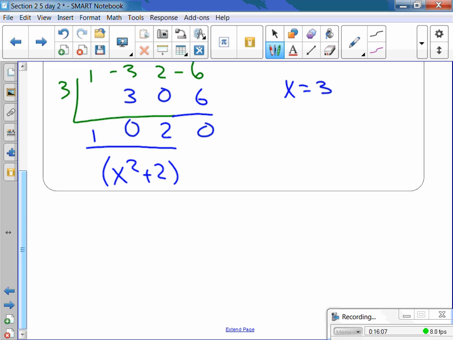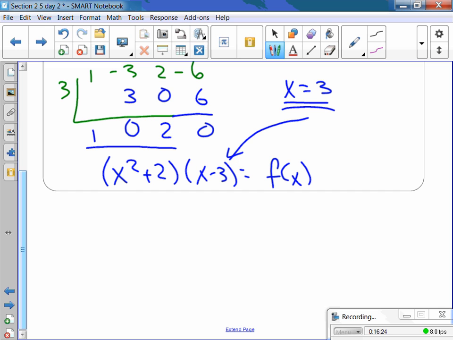So we've taken this third degree polynomial, my f of x, using the zero. Don't forget that a zero of x equals 3 is the same thing as saying the factor of x minus 3. So we have now reduced it to a quadratic.